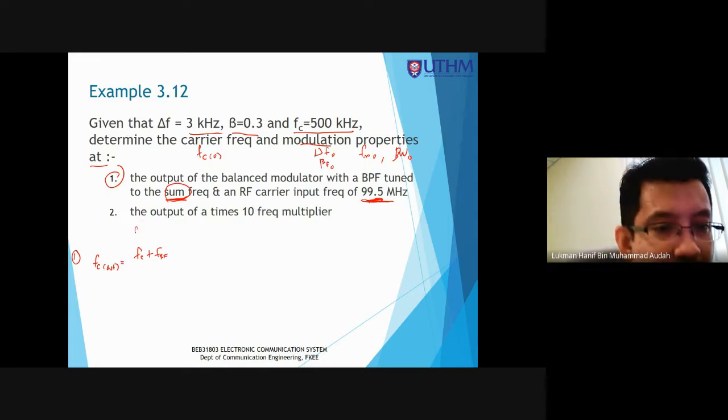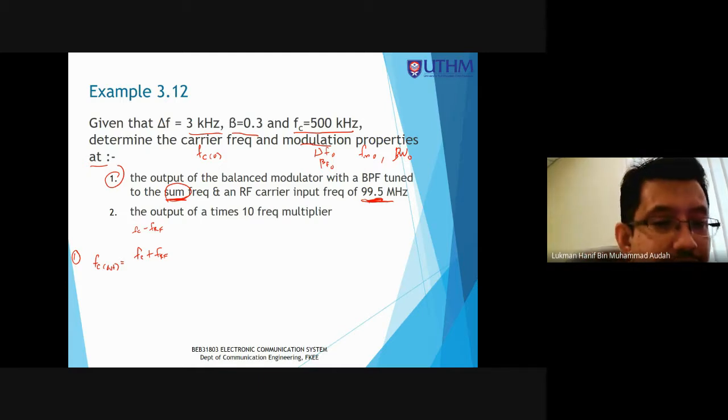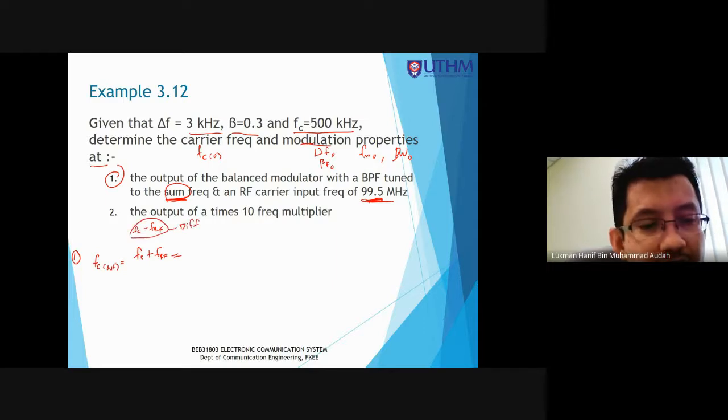So maknanya you kena buat FRF tolak FC if the question asks for difference frequency. Nampak? So that means this is equal to, kalau this is a difference. Okay. So since the question asks for sum, that means FC plus FRF.